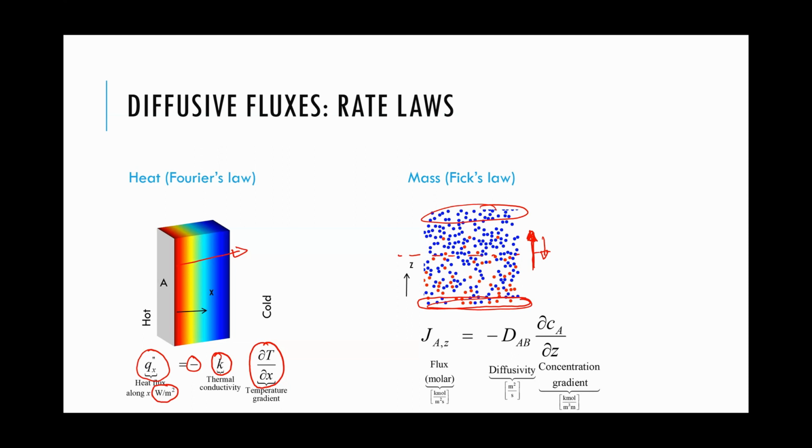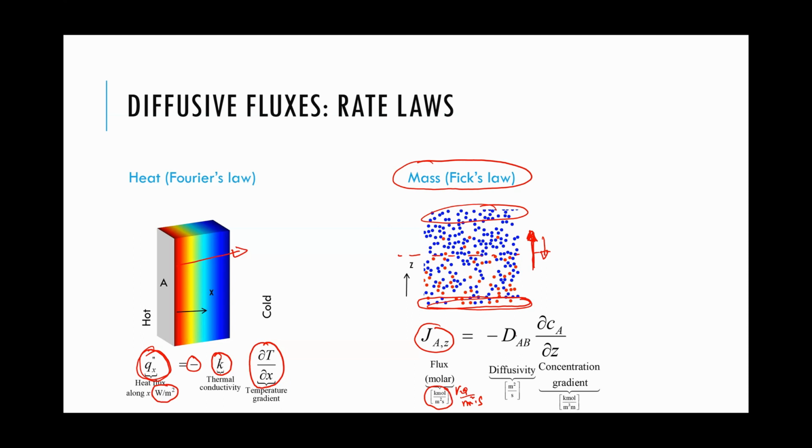And this is given by the good old Fick's law of mass diffusion, and the mass flux, just like the heat flux, is in kilograms per meter square per second, or in molar units, kilomole per meter square per second.